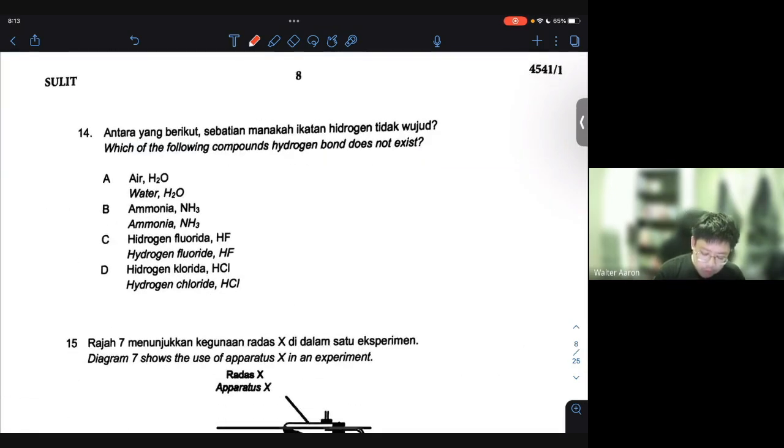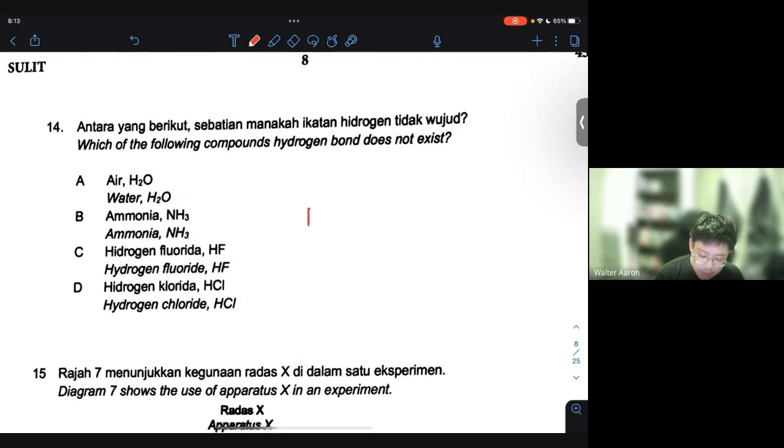14, which of the following compounds does hydrogen bond not exist in? So remember, hydrogen bond is between F, O, and N, which sounds like handphone. All right, so if it's handphone, you must remember any molecule which has hydrogen, and the adjacent molecule must be able to have fluorine, oxygen, or nitrogen in this way.